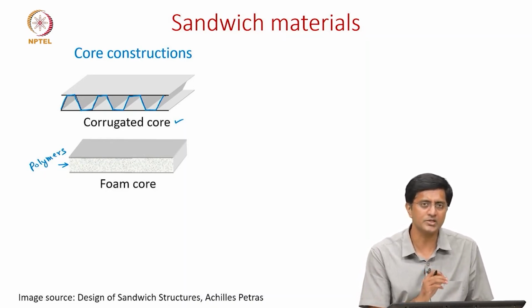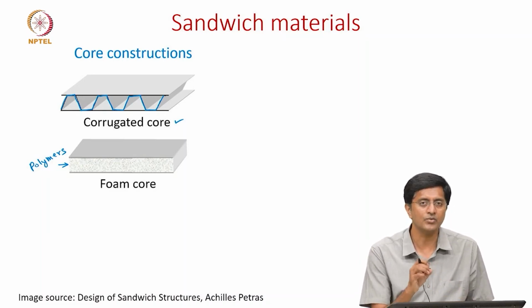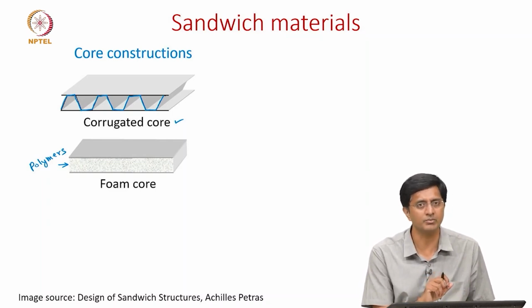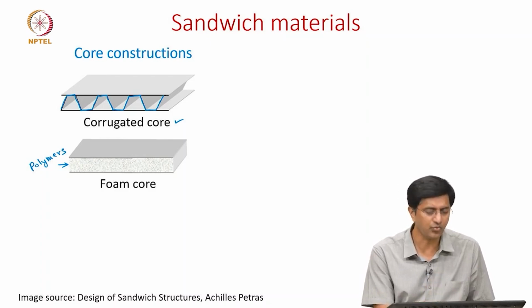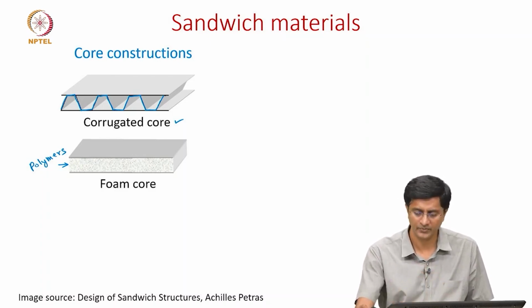The other advantage, in addition to the mechanical properties we have been discussing, is that these polymer foams also increase the thermal insulation properties. So in addition to the mechanical advantages, it also gives you thermal insulation benefits. So foam cores are commonly used in the construction industries.